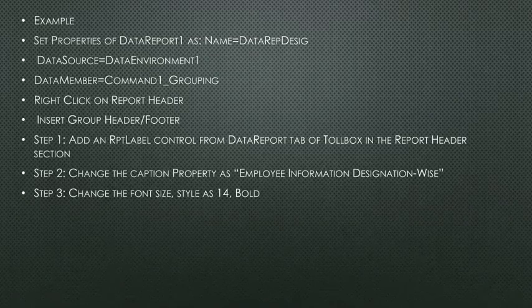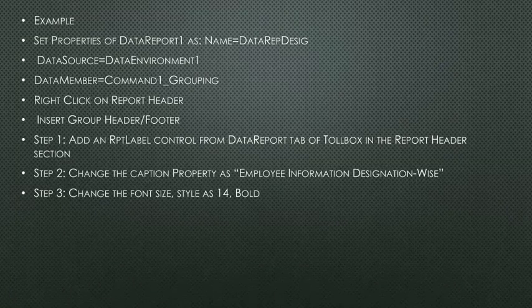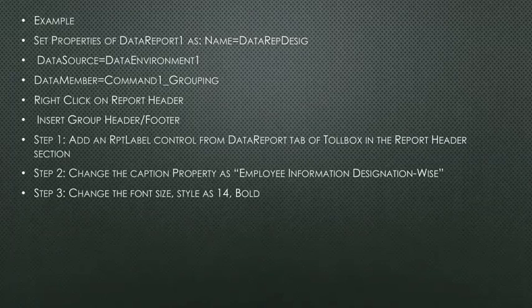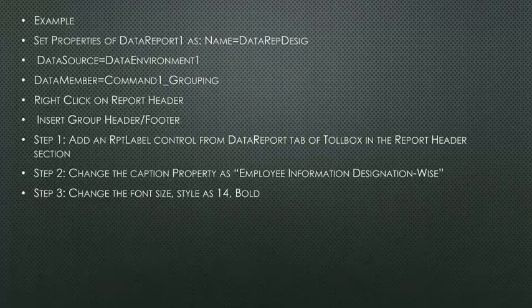Step 1 is to add an RPT label control from the data report tab of the toolbox in the report header section. Second step is to change the caption property to employee information designation wise. Third step is to change the font size to 14 with bold.